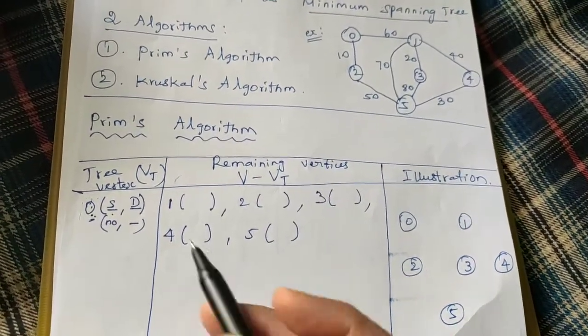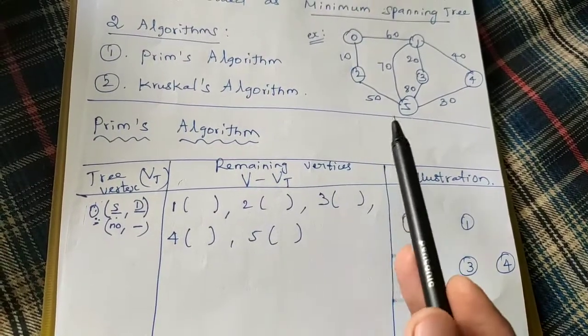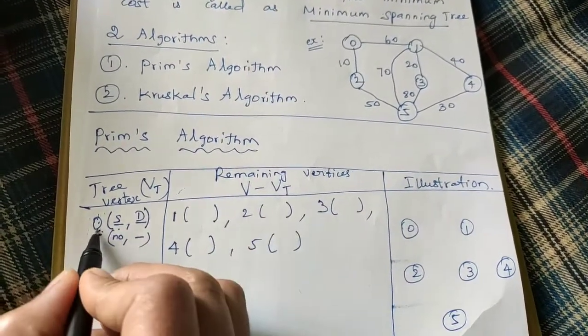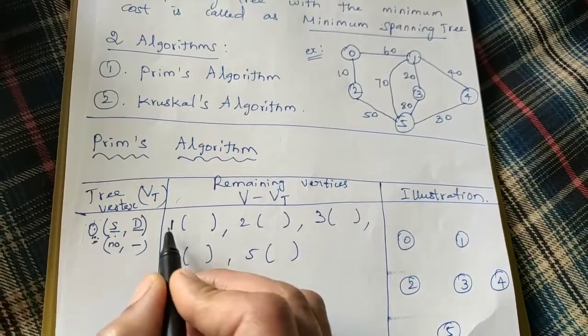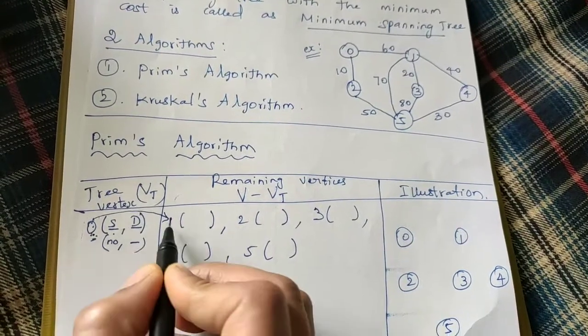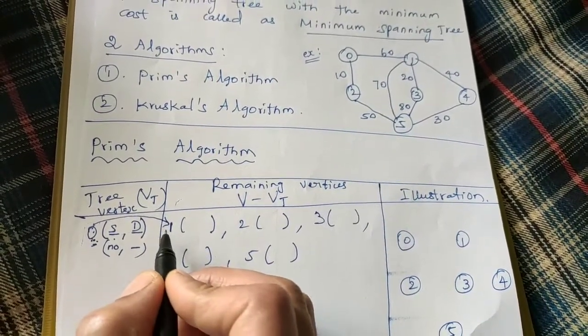So I have written the remaining vertices of the graph by leaving this 0th vertex. Now 0 is the starting point. Now I am going to check whether I can visit the vertex 1 from 0 directly.